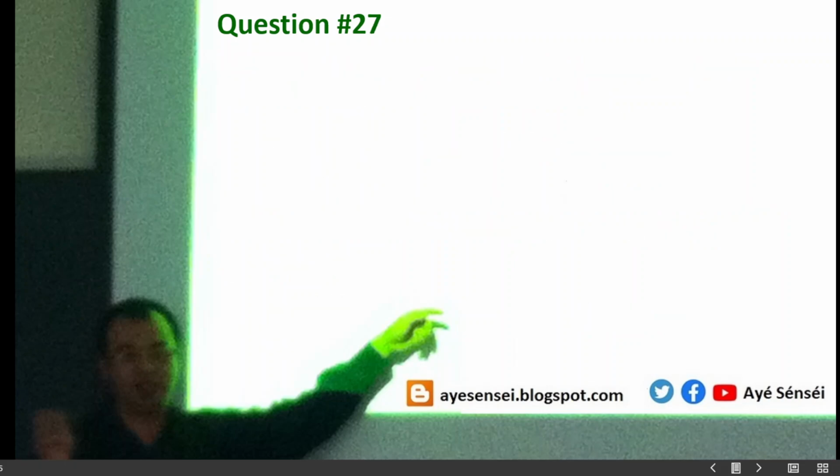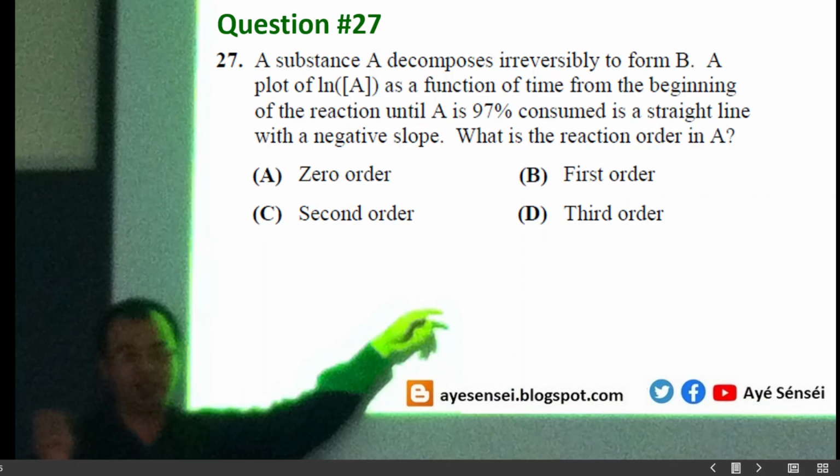So let's proceed to question number 27. A substance A decomposes irreversibly to form B. And then a plot of ln A against a function of time until 97% consumed is a straight line with a negative slope.